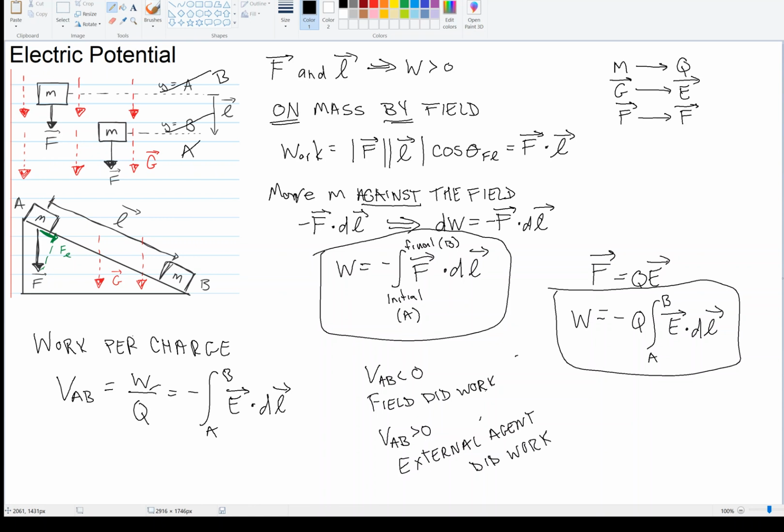So this would be like in the gravitational field, if you picked something up off the ground, you're the external agent, you're doing the work, not gravity in that case, and the thing is gaining energy, potential energy. And of course, VAB is measured in joules per coulomb, and we call 1 joule per 1 coulomb a volt, 1 volt.